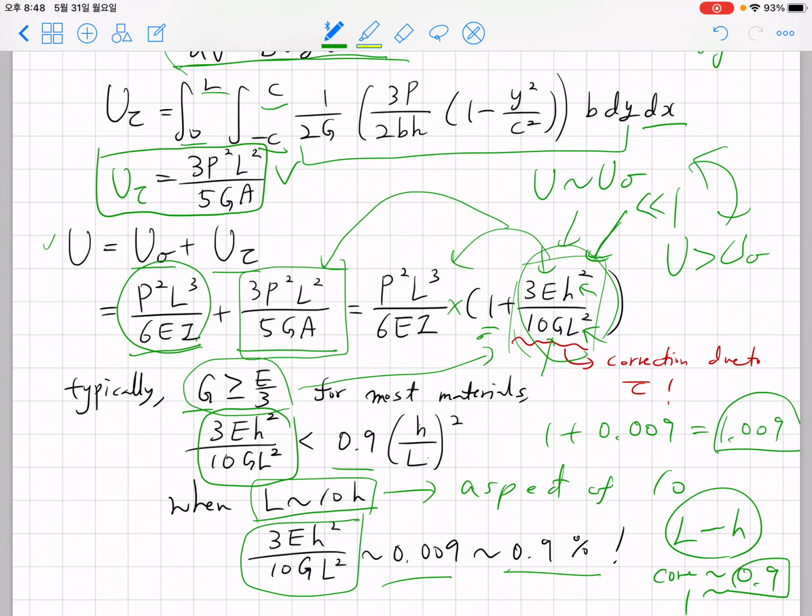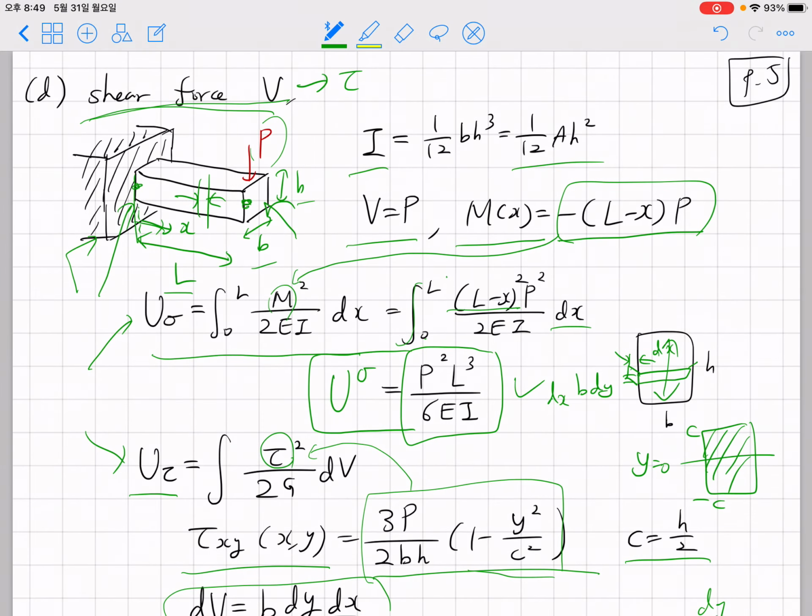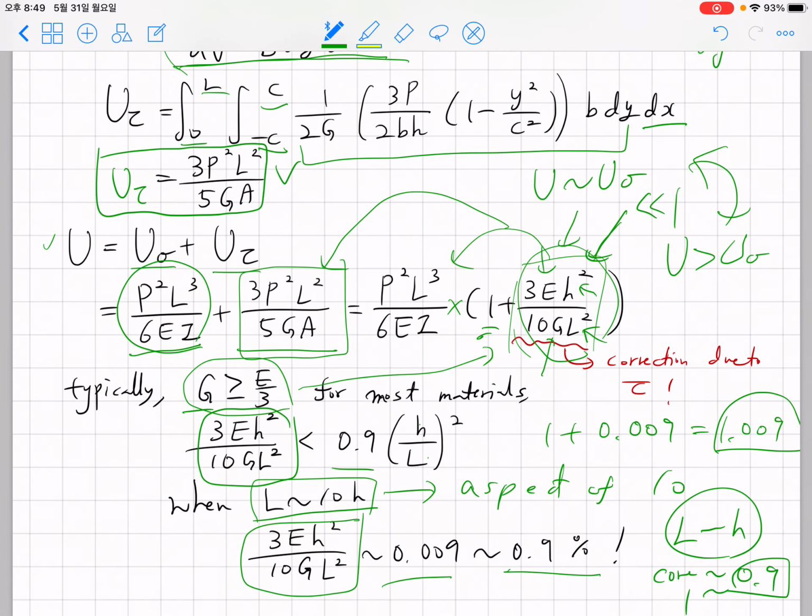In this case, the effect of shear stress on strain energy and the deflection will be large. So here we finally got the answer about the validity of the Euler-Bernoulli equation, even though we just considered one special case, which is a cantilevered beam under a point force.